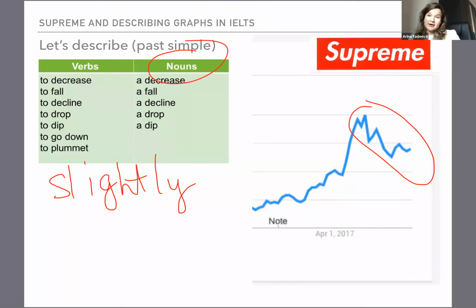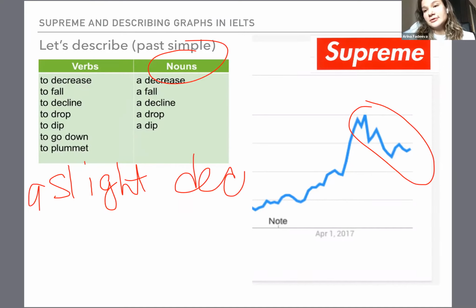What you guys can do here is just take away the suffix ly, and it's going to be the adjective. The position is in front of the noun right now, so it's not following it. So first goes an adjective, a slight decrease.